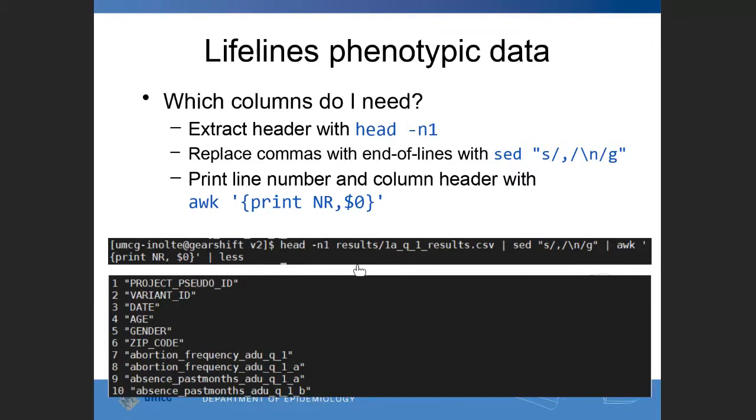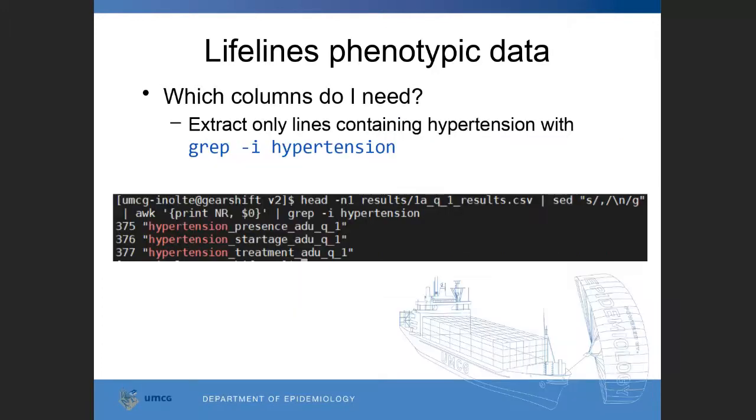So if you put that all behind each other, head, sed, awk, and then less to scroll through all those 700 lines, you get this result. It will tell you project pseudo IDs in column 1, absence past months in adults, presence in line 9. But still, you will get a list of more than 700 lines.